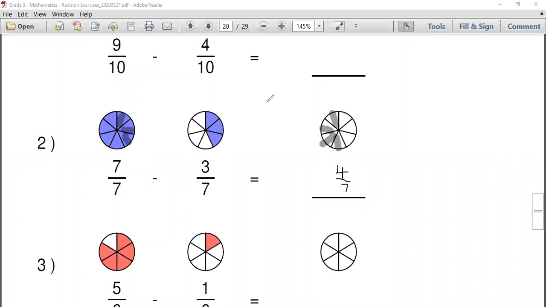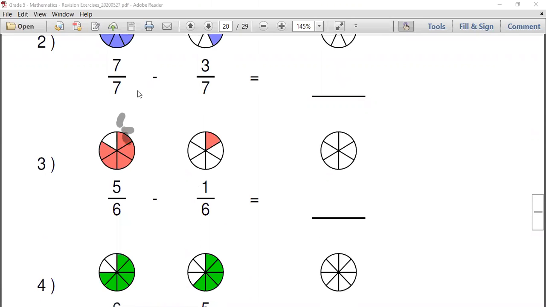Okay. Now, who's going to help me with number 3? So easy. Sorry guys, I just need to unmute one of you. What's my answer going to be for number 3? It's going to be 4/6, and then our simplest form is 2/3.